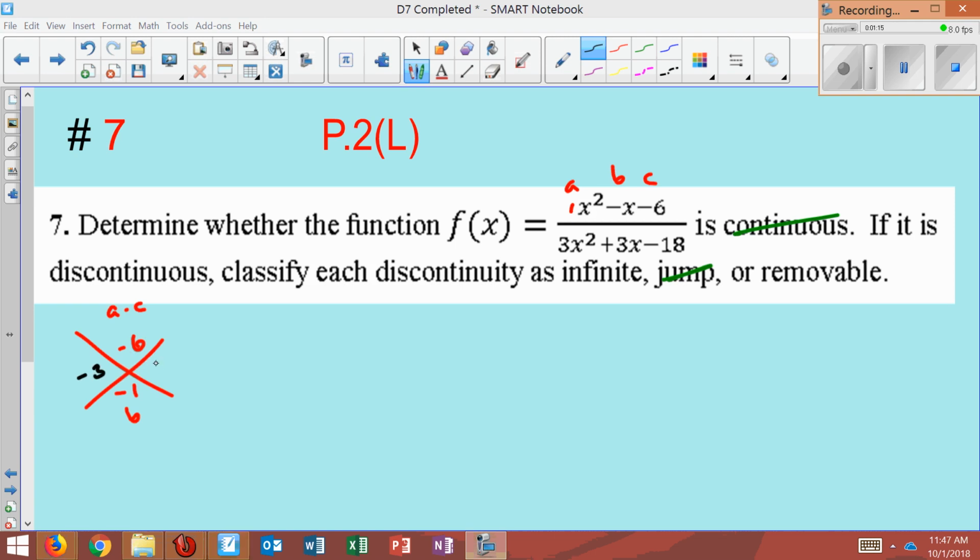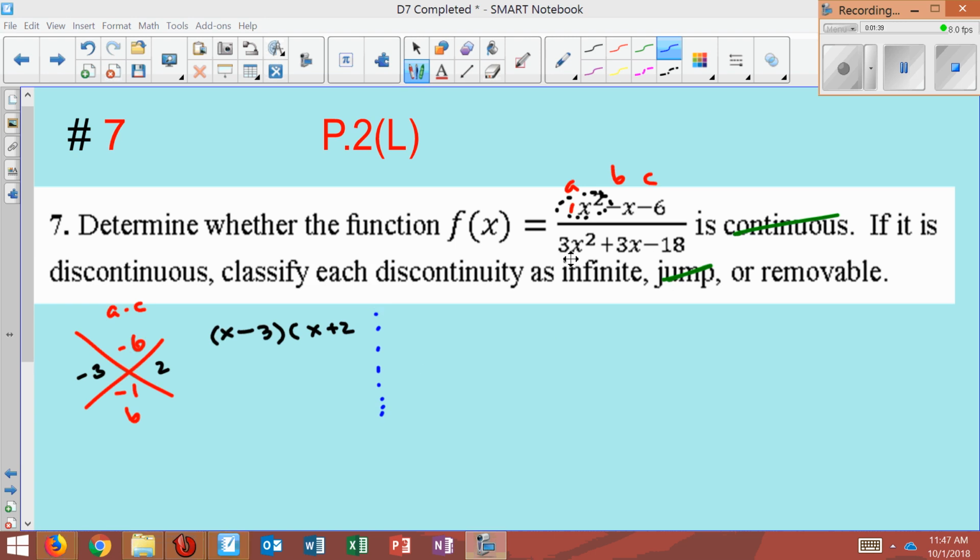That would be -3 and +2. That multiplies to be -6, but when you add them together, you get -1. So you split this power, and it would become (x minus 3) times (x plus 2).